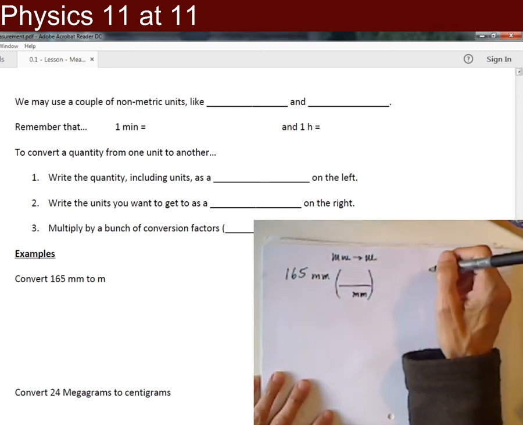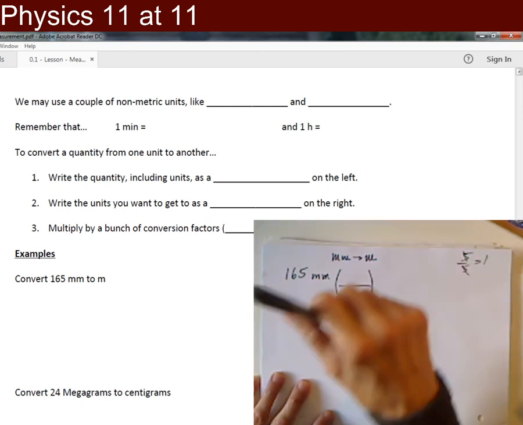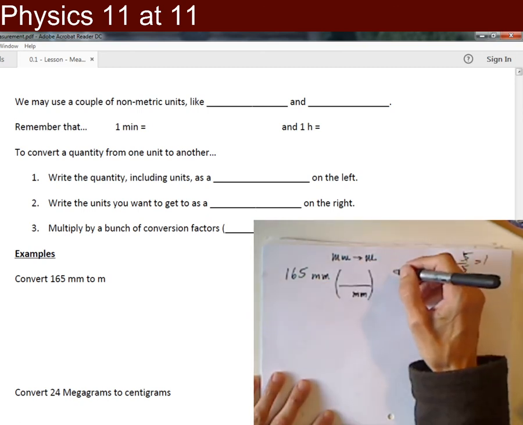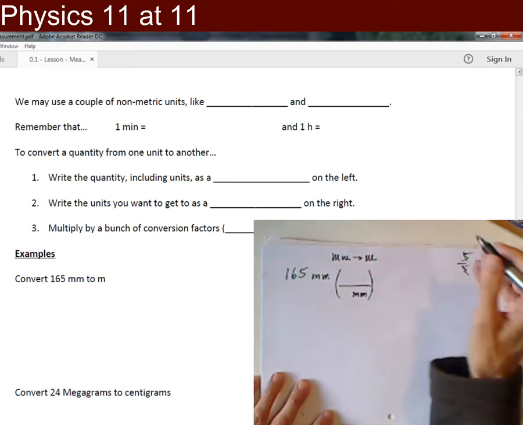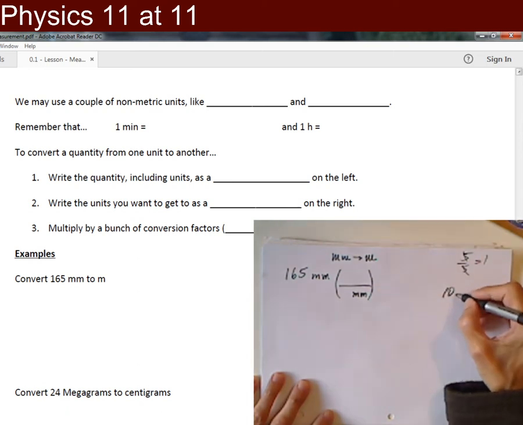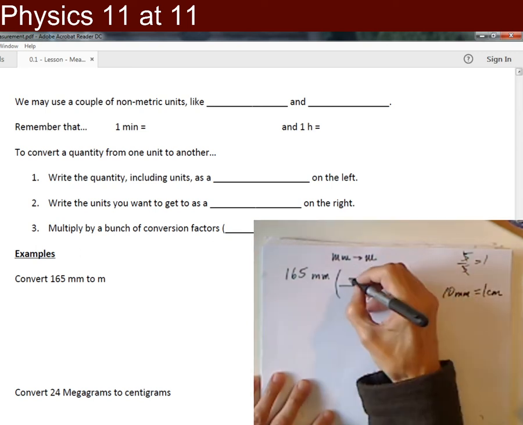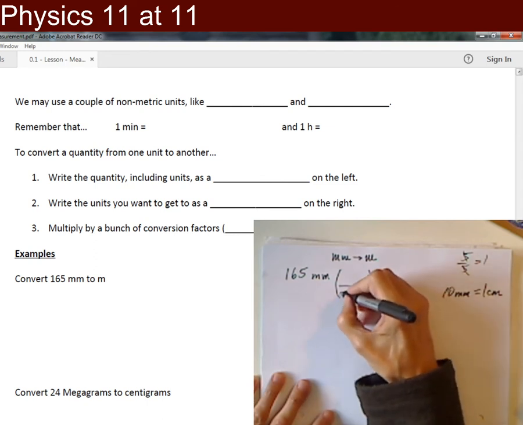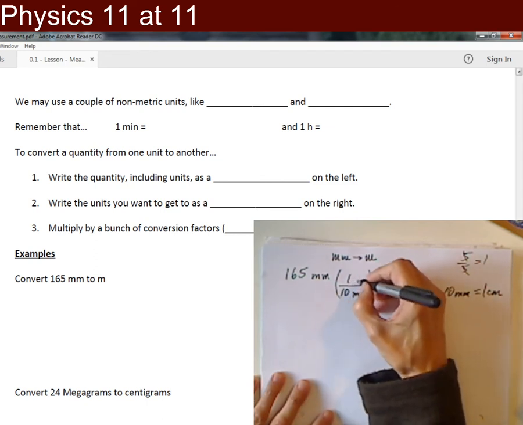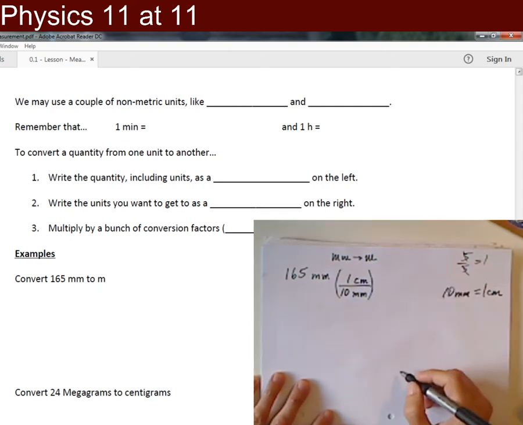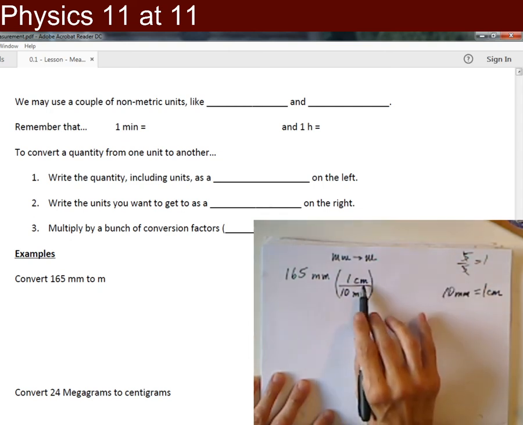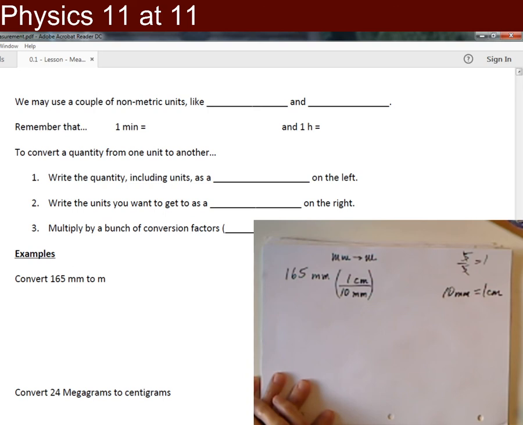Well, we want to get meters. Okay, well, you might have those prefixes in front of you, but I forget. What I do remember is that there are 10 millimeters in 1 centimeter. So 10 millimeters and 1 centimeter, they're the same thing. And it's a little bit bigger, gets us closer to meters. Now, but we're not there yet.